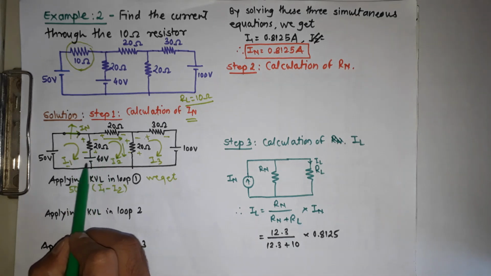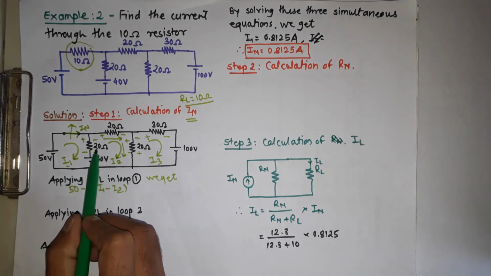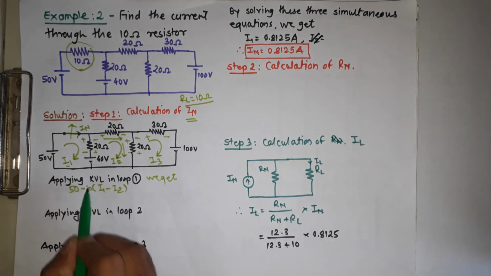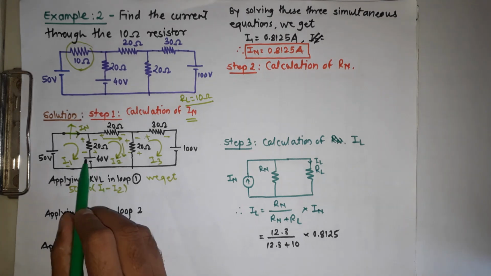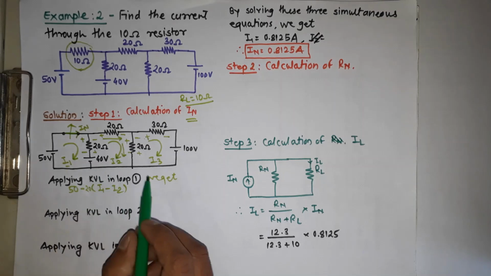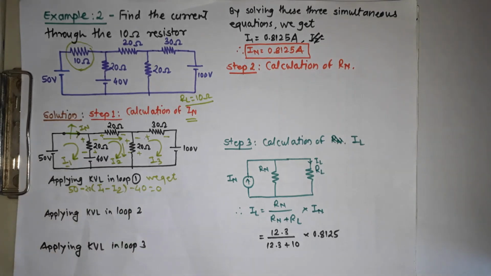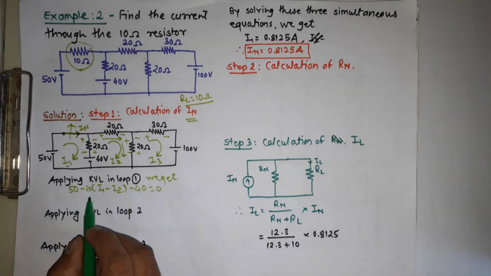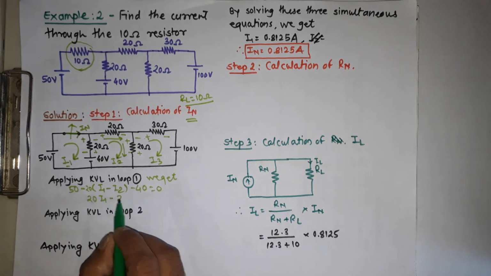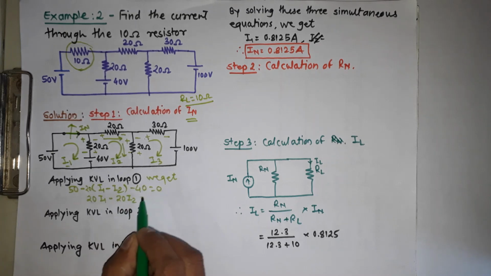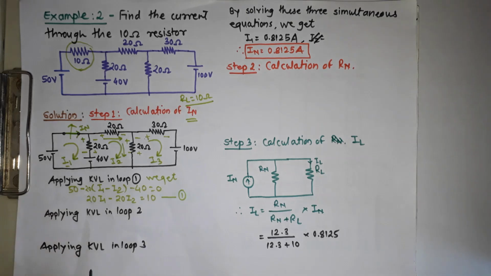So minus 20 (I1 minus I2). Then for this 40 volt, current flows from plus to minus, so it is minus 40, equal to 0. By simplifying this we get 20 I1 minus 20 I2 is equal to 10. This is the first equation.